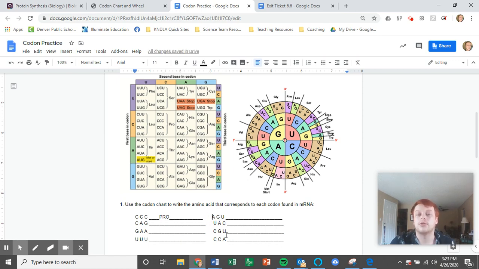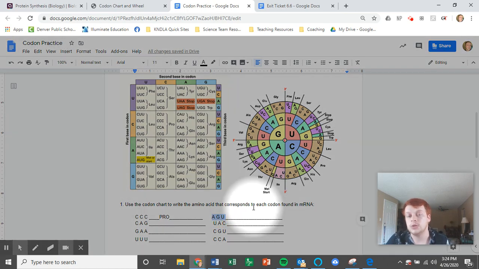So for the second one, I'm going to use the wheel over here. And we'll use this one right here. So we're going to focus on A, G, and U. To use the wheel, it's much simpler. We just start in the center and then work our way out based on the letters that we have. So I'm going to start with A because that's my first base in the codon.